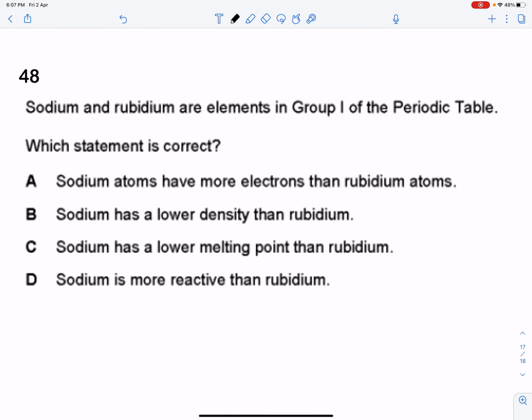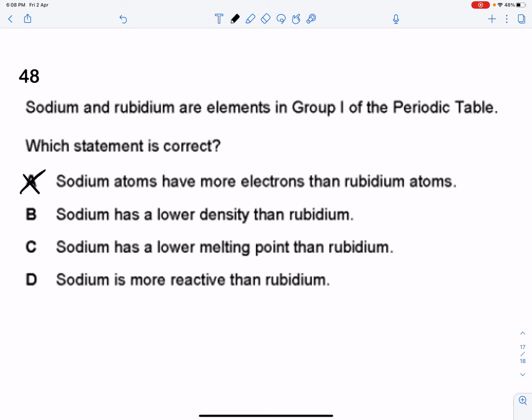48. Sodium and rubidium are elements in group 1 of the periodic table. Which statement is correct? Sodium atoms have more electrons than rubidium atoms. Sodium and rubidium are in group 1 of the periodic table. So, no, sodium has fewer electrons than rubidium atoms, sorry.